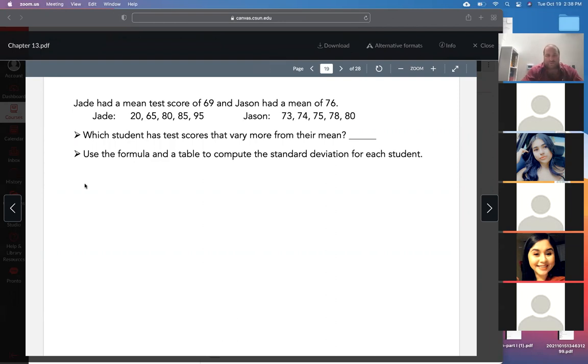Let's do the first one. Let's make a table. First, we'll have our data points: 20, 65, 80, 85, and 95. For the first column, write your deviations, 5 deviations. Go ahead, please, and write your deviations.